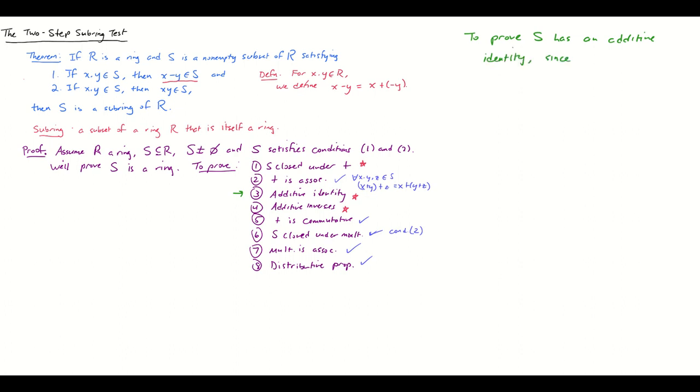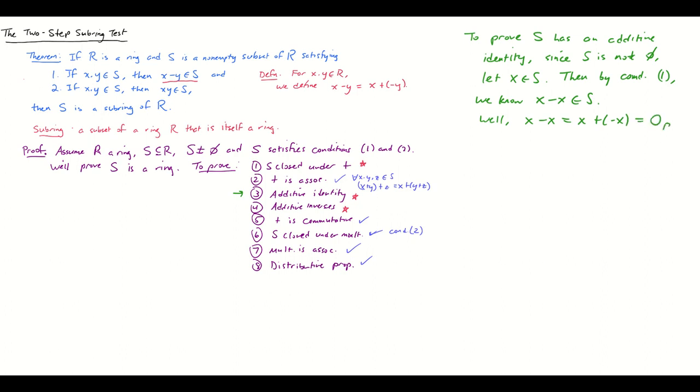Since S is not empty, let X be some element of S, any element of S. Then, by condition 1, we know that X minus X also belongs to S. S is closed under subtraction of any two elements of S, even the same element of S. Well, X minus X, by definition, is X plus negative X, which is 0.